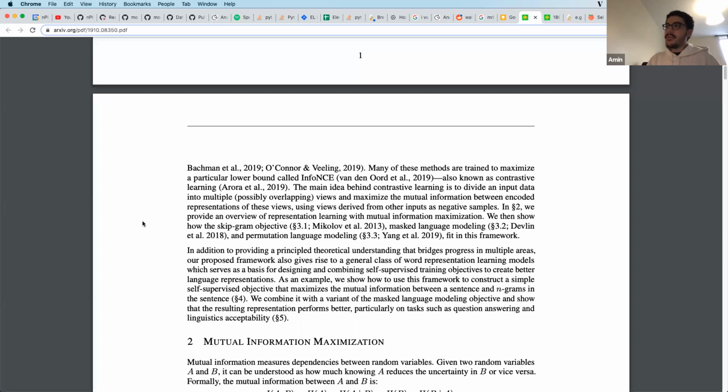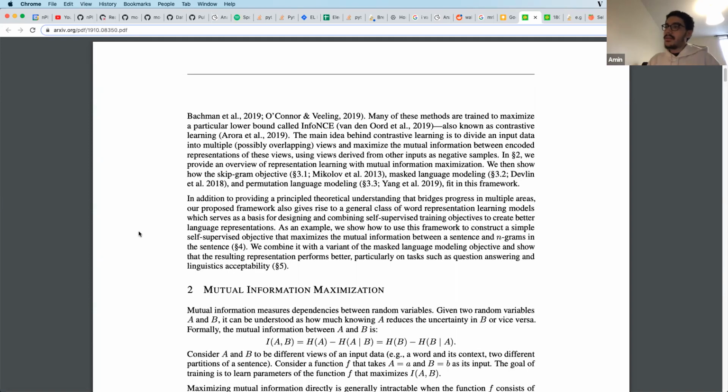So we'll see how the Skipgram, also known as Word2Vec, BERT, and XLNet all fit under this framework, and then we'll get to the objective that's proposed in this paper.